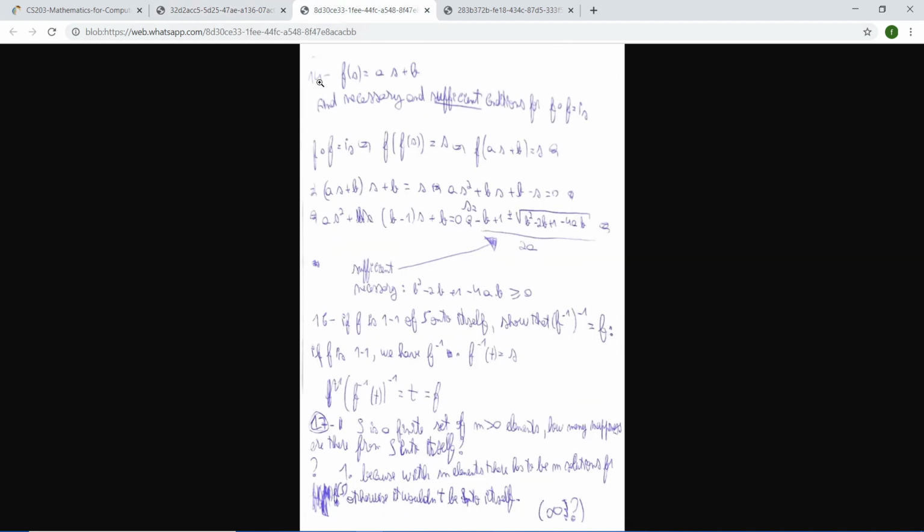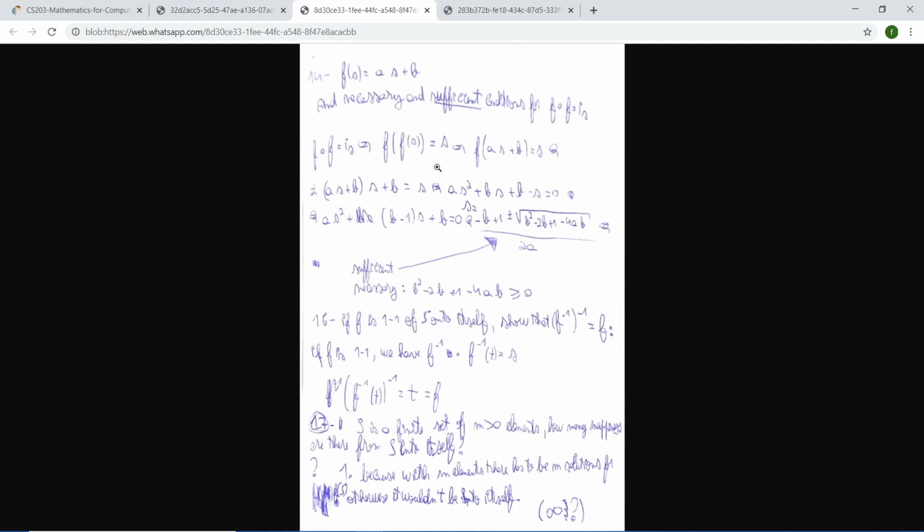Next, exercise 14. I'm not sure what they meant by necessary and sufficient conditions, but they said that f(s) would be a times s plus b, and they asked when would f after f be the identity on S, which means the identity of set S would be s, just the element s.